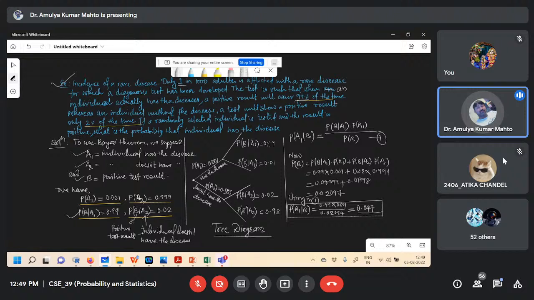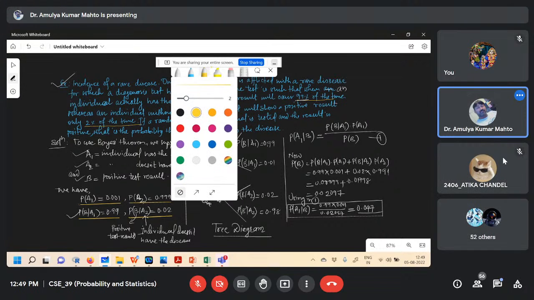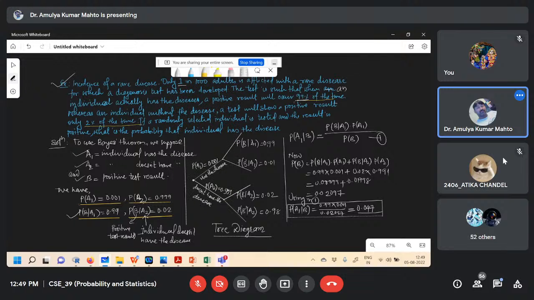Then we are actually interested in finding this probability: given that the result is positive, meaning B is given, B is this positive test result. Then we are interested in finding the probability that the individual actually has that disease.